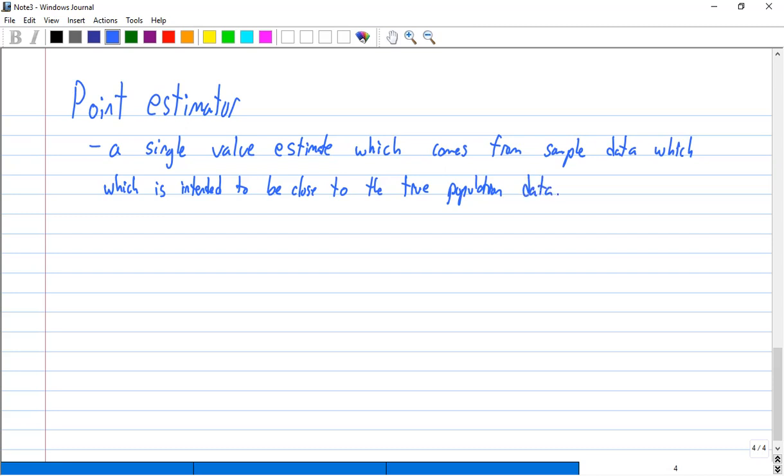So here's an example of what a point estimator would be. Let's say that I was an administrator at one of the biggest colleges in the U.S., and let's say at that particular college there were 5,000 statistics students.